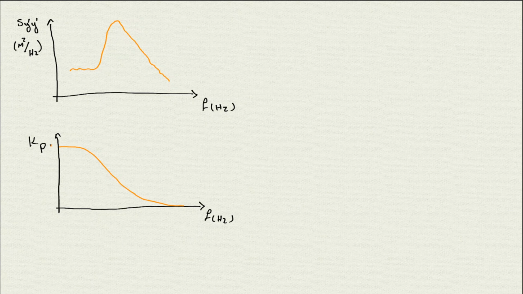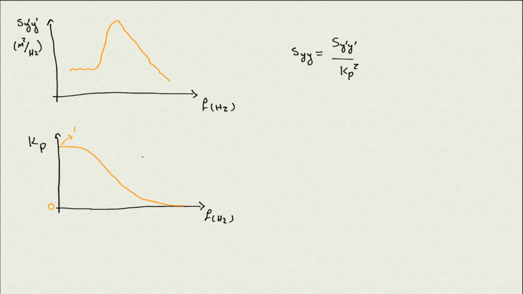It's going to be 1 here, at this point, and eventually it goes to 0. Now remember I said that to get the Syy, I have to divide Sy prime y prime by Kp squared.